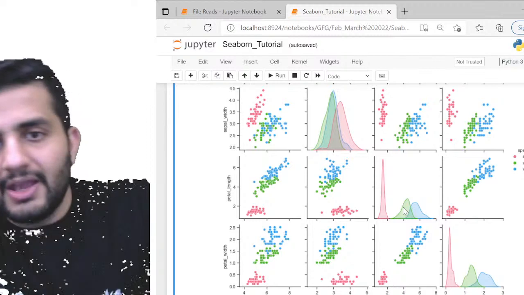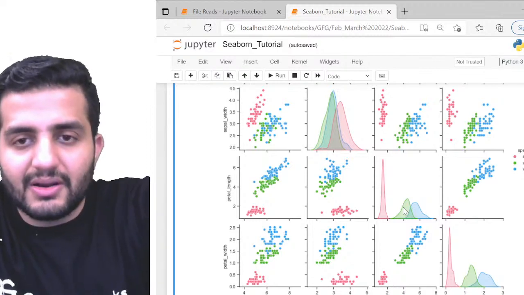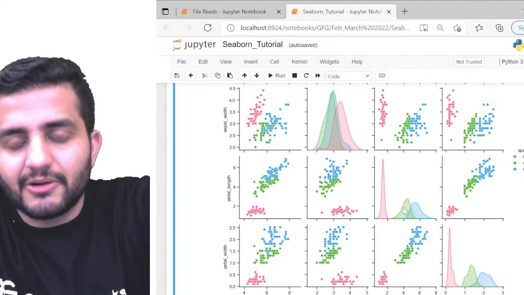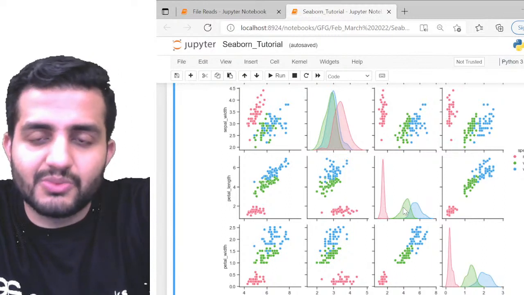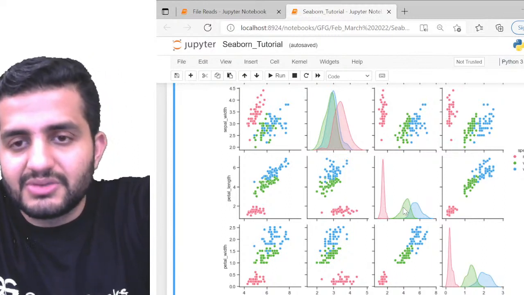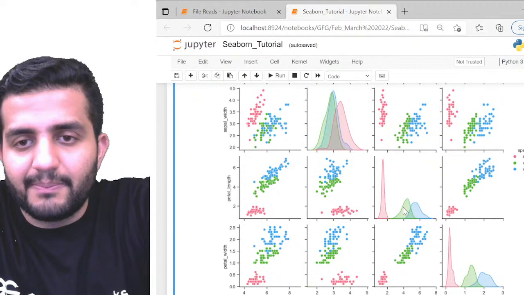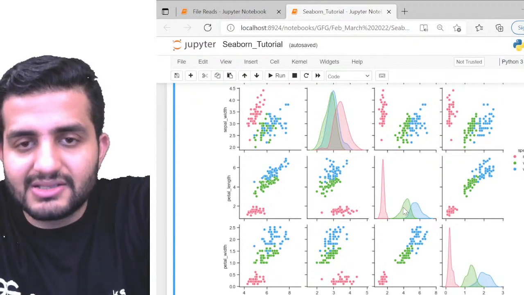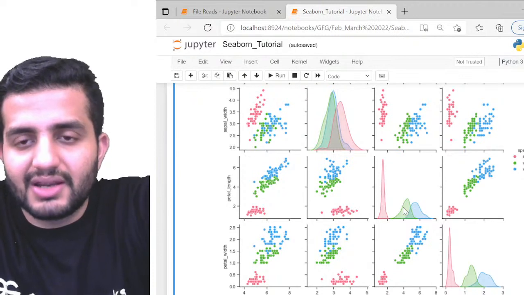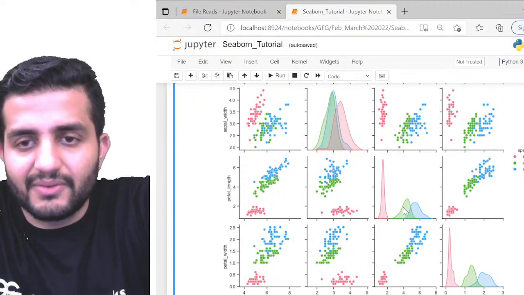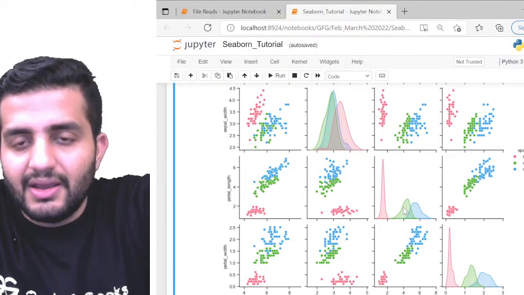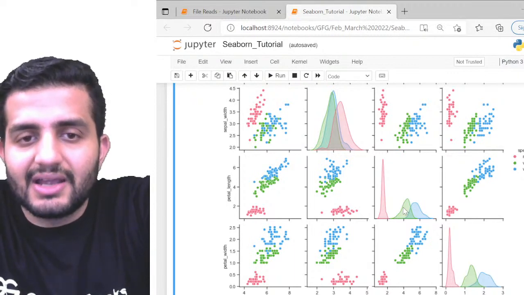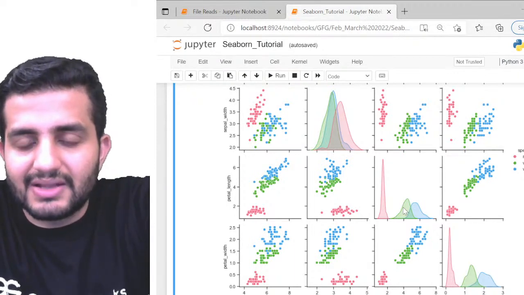So the range is lower for Setosa, but for versicolor and virginica the range is higher and the data points are spread out. Basically kurtosis is high in petal length. So that's what we can see.